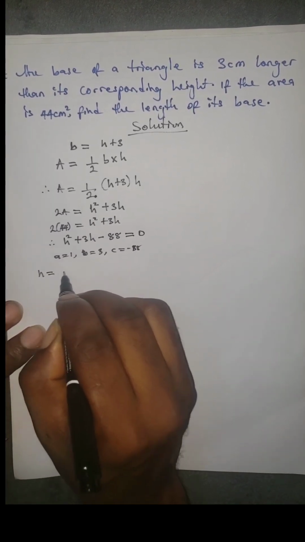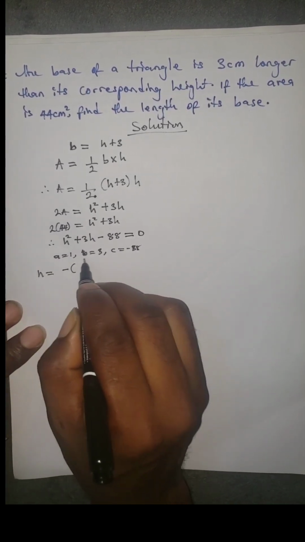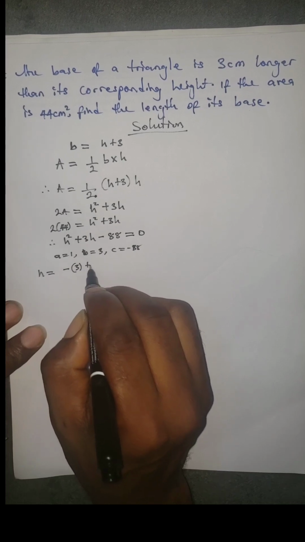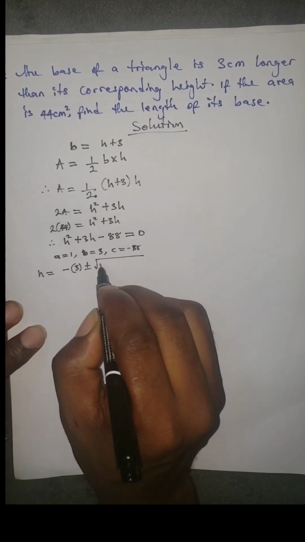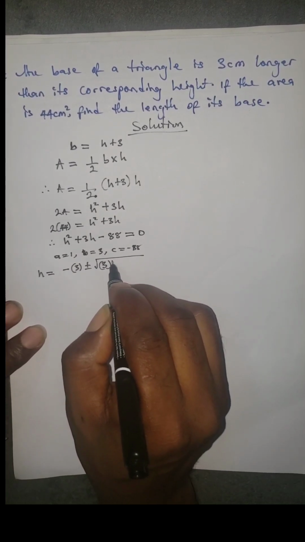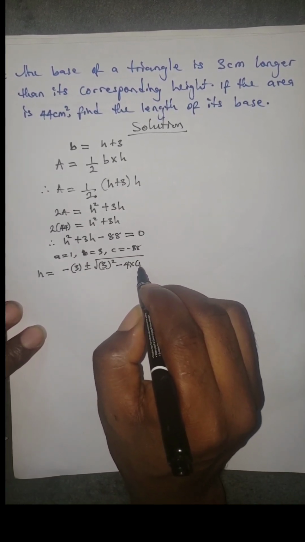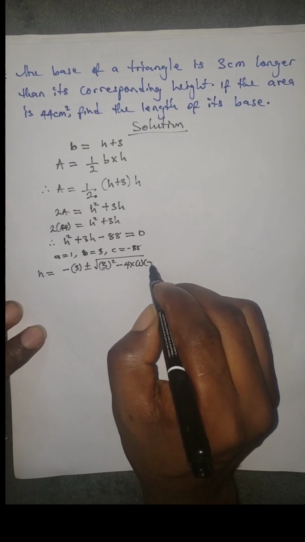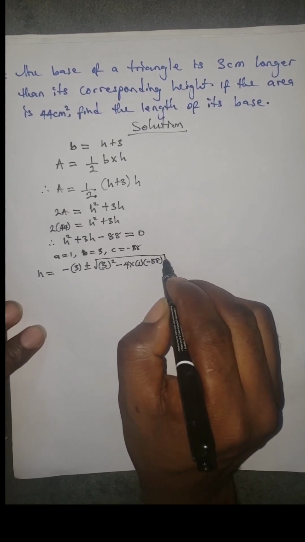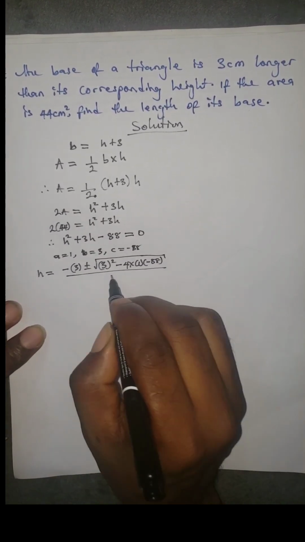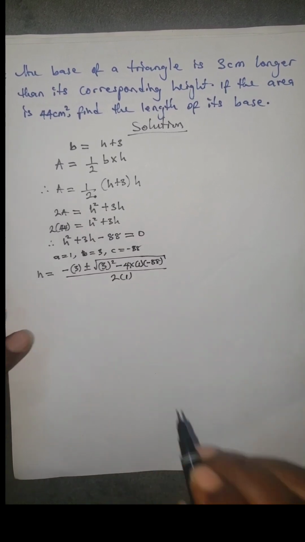So h is going to give me minus b, which is 3, plus or minus square root of b square, which is 3 square, minus 4 times a, which is 1, times minus 88. Okay, all over 2 into 1.